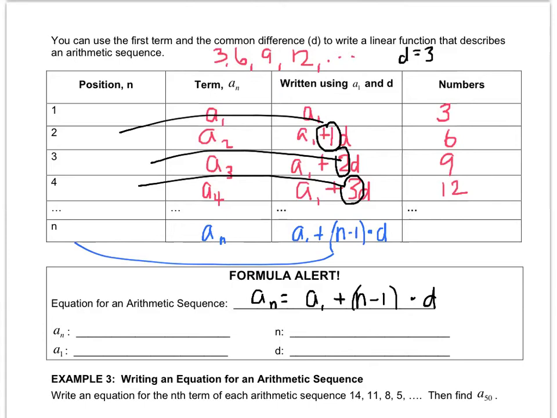Now, I won't ask you to memorize this formula, but I will ask you to know what all the parts mean. So a sub n stands for the nth term. Remember, that's any random term that you're looking for. So if I'm looking for the 10th term, that will be a sub 10. A1 represents the first term.